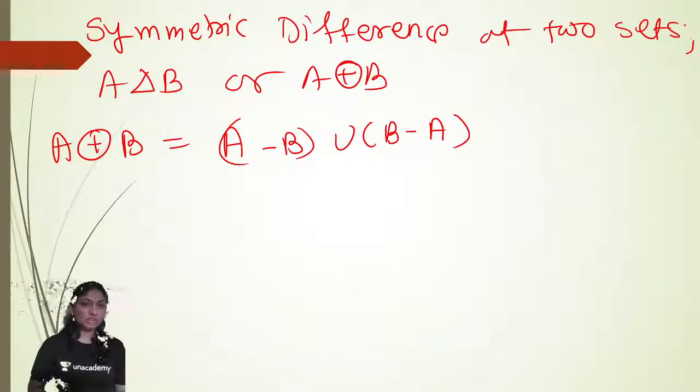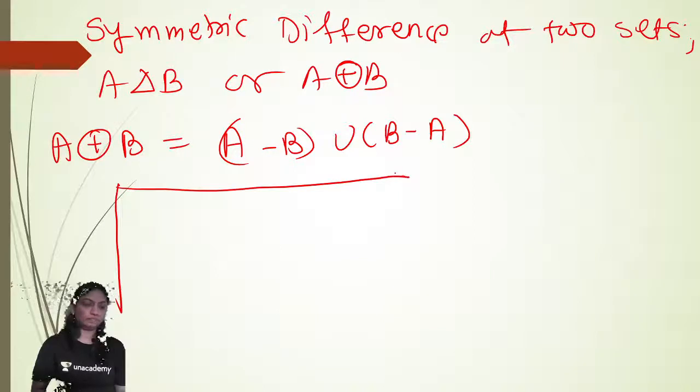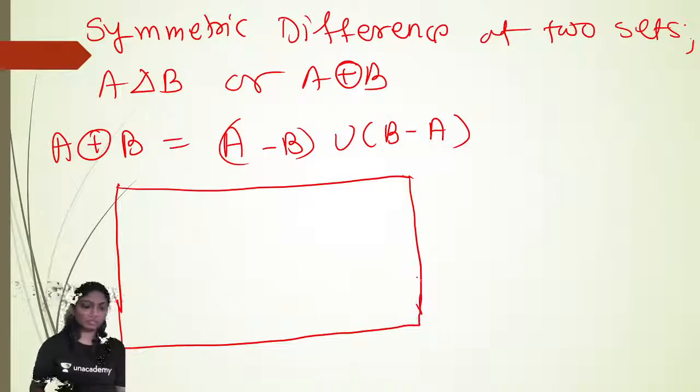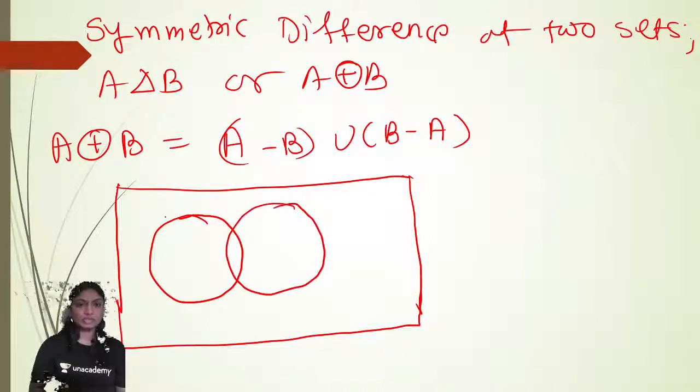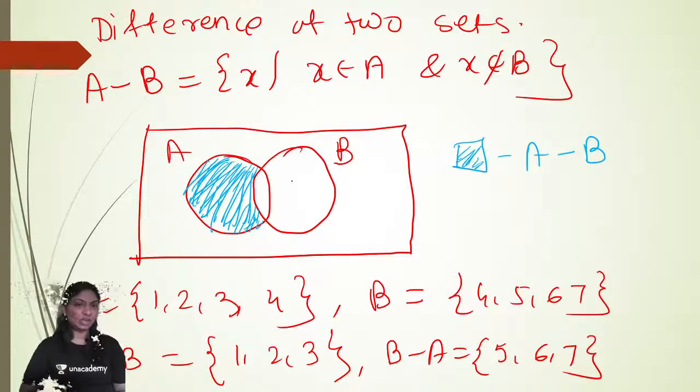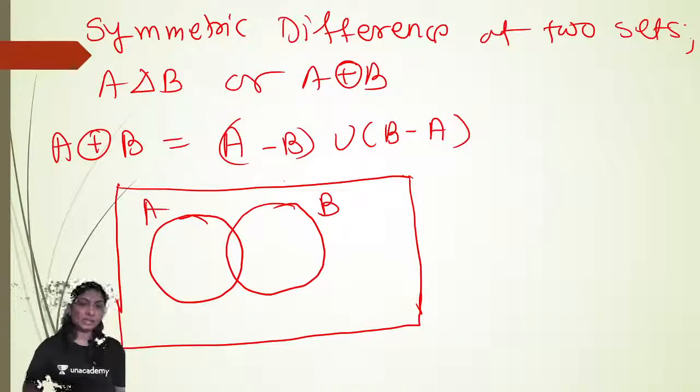Now how do we denote this by using a Venn diagram? Okay. Here suppose this is your set A, this is your set B. Then A difference B, A minus B, means the elements which are in A but not in B, and the union of the elements which are in B but not in A. As I told you, the elements which are in A but not in B, A difference B, can be denoted this way.